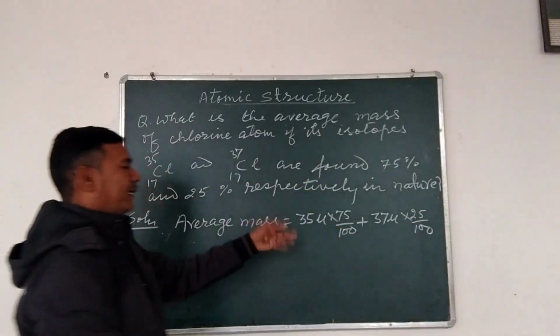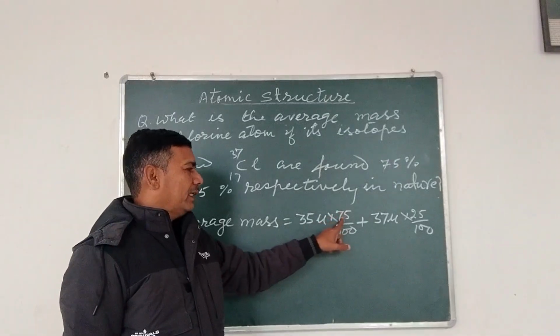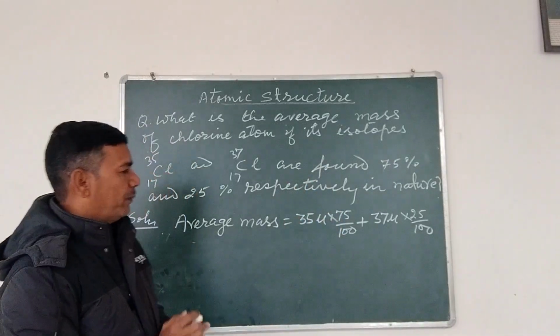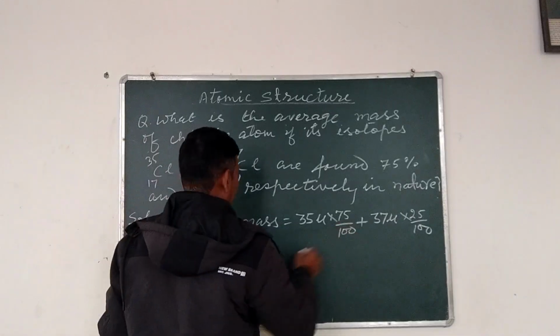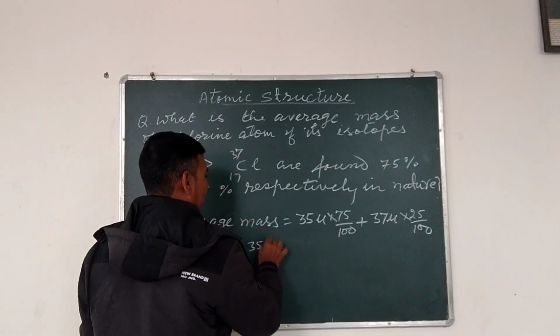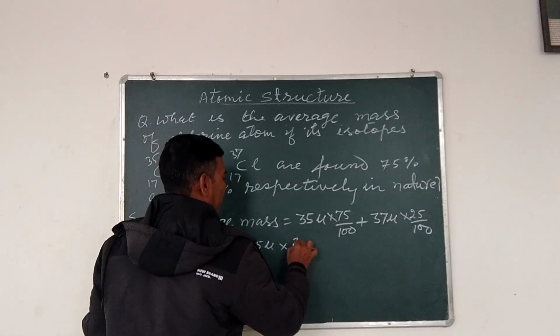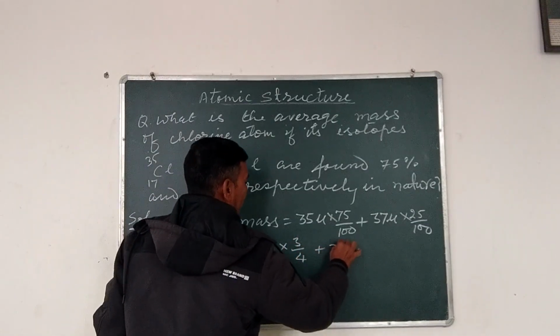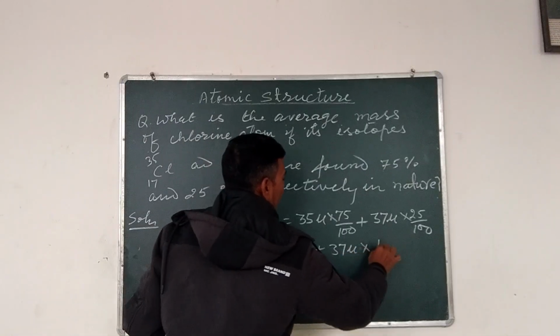We will multiply the atomic mass by the percentage of presence. So when we calculate, this will be 35 unit into, if we cancel by 25, 3/4, plus 37 unit into 1/4.